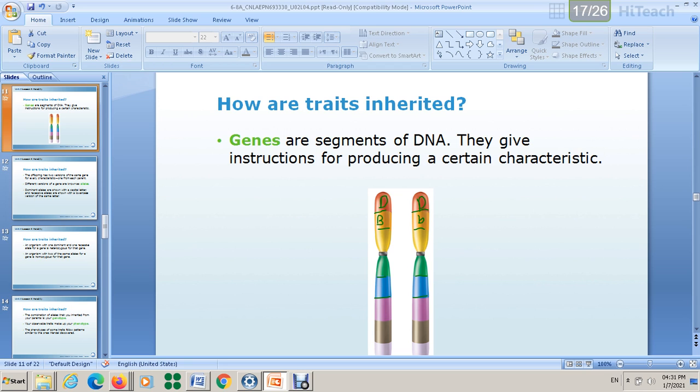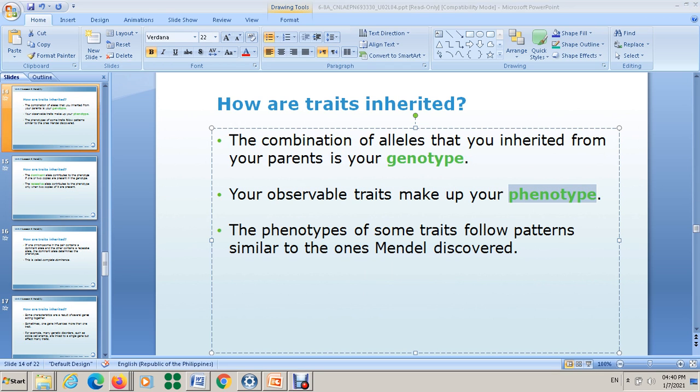Your genotype. Your observable trait, for example the presence of dimple, your hair color, your eye color, what I see from you, your observable traits make up your phenotype.